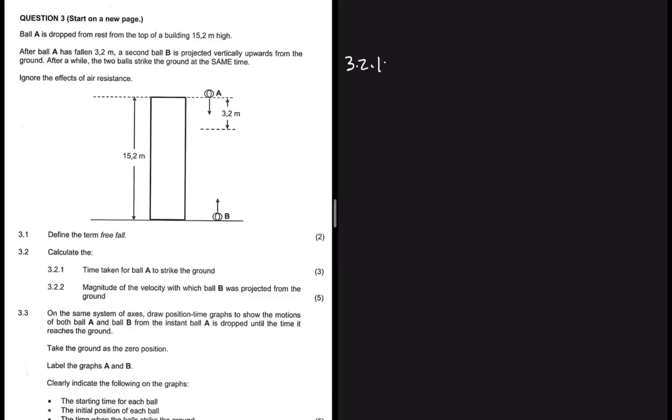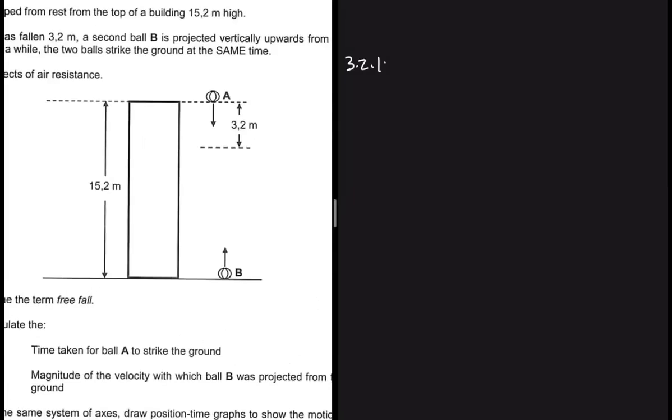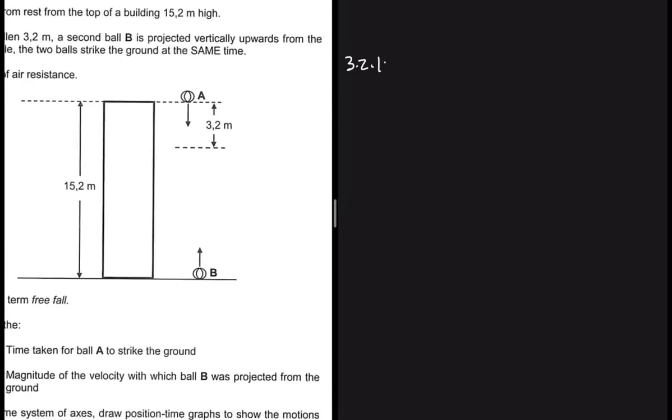3.2.1. So the question is saying let's calculate the time taken for ball A to strike the ground. So let's look at ball A here. It is released from a height of 15.2 meters above the ground. When it is released, we know fully well that VI is equal to 0 meters per second.